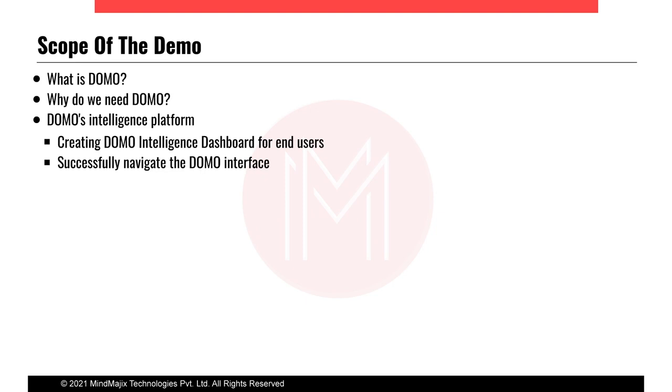And why do we need Domo? Because I think all the businesses are now evolving into not just having real-time reporting, but allowing any employee or any business person to have data in their hands really fast so that they can take data-based decisions, right?